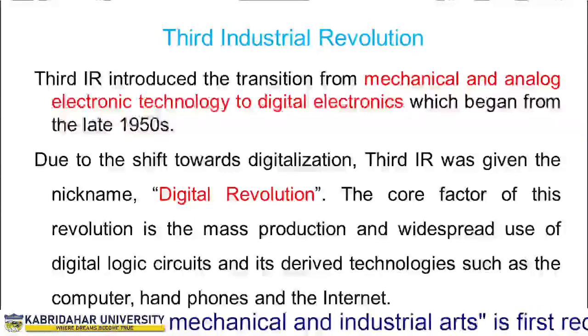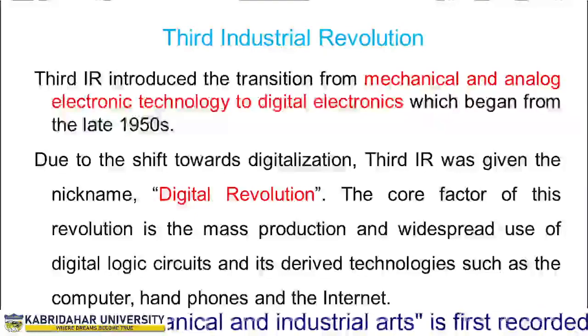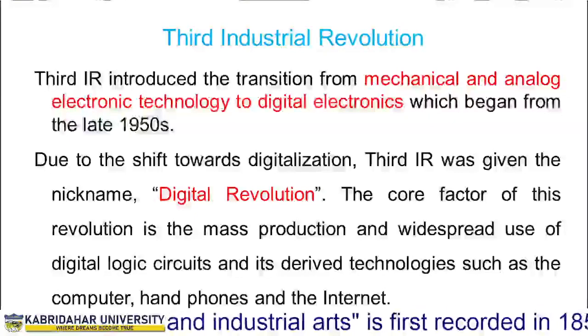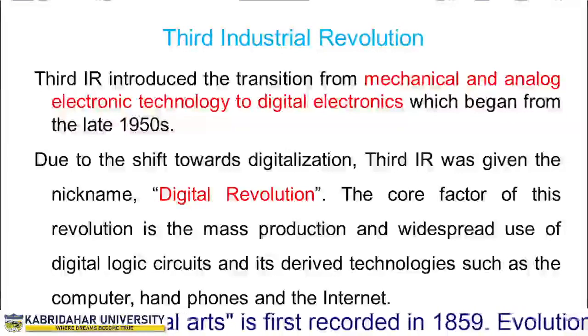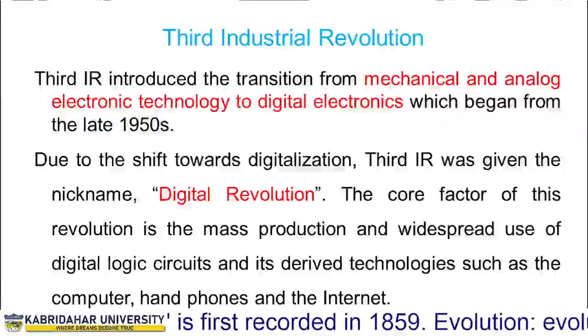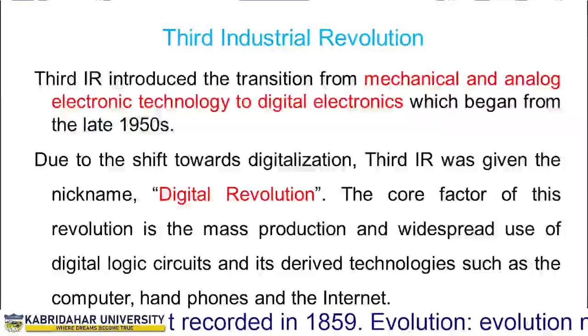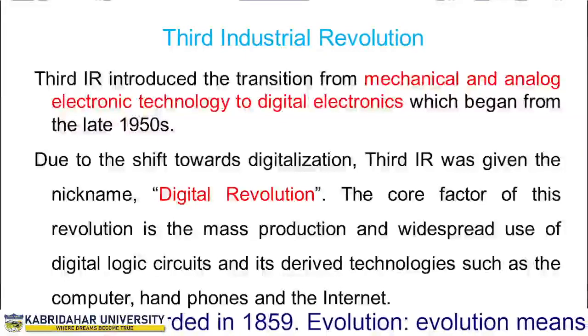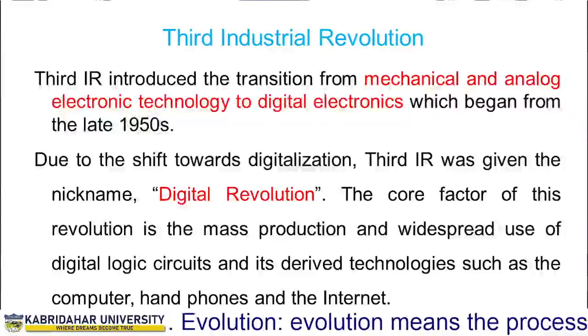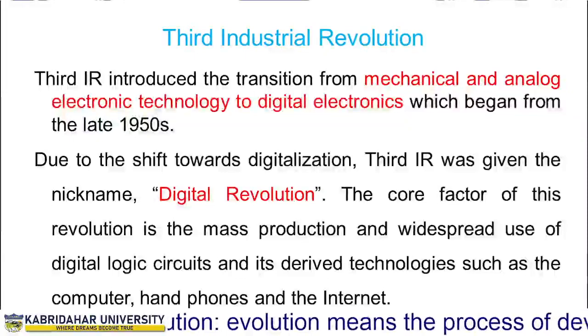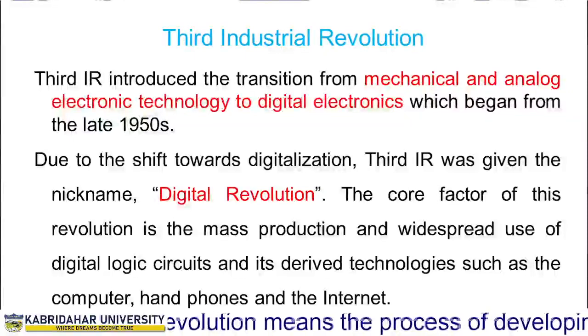Due to the shift toward digitalization, the third IR was given the nickname digital revolution. The reason for this nickname is that during this time they shifted from analog to digital electronic systems.